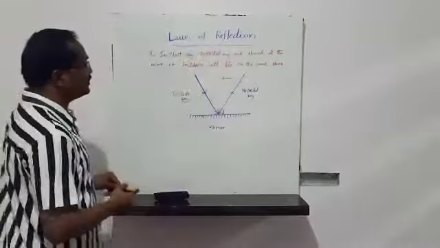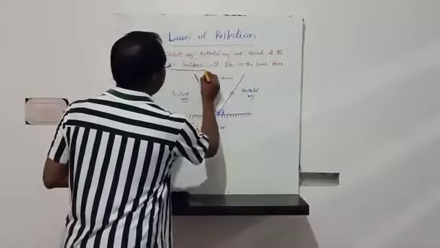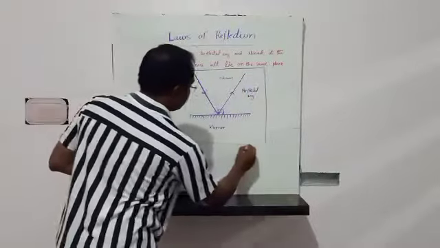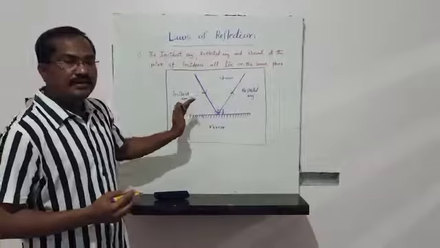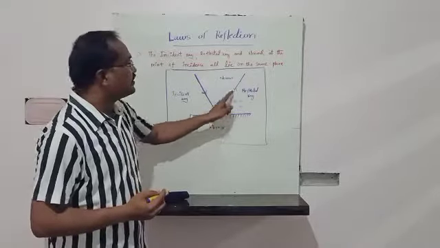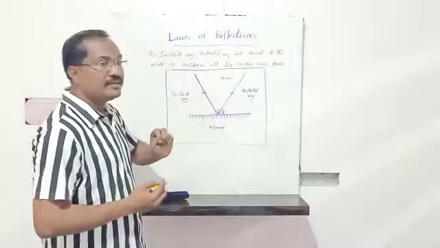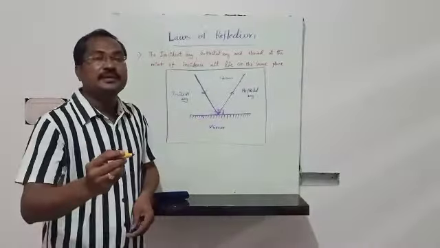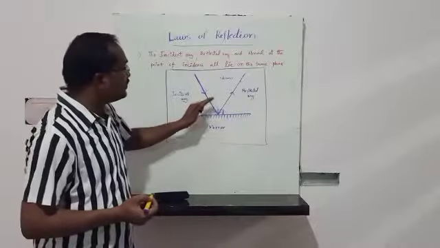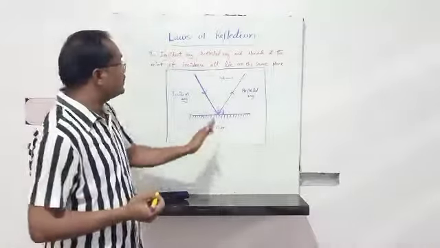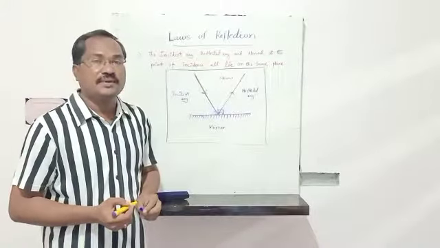That means this is a plane. On that same plane the incident ray, the reflected ray, the normal and the point of incidence will be placed. All of them lie in the same plane. This is the first law of reflection.